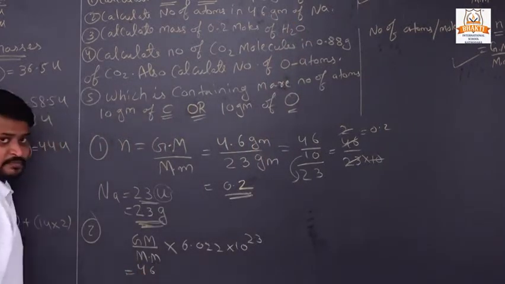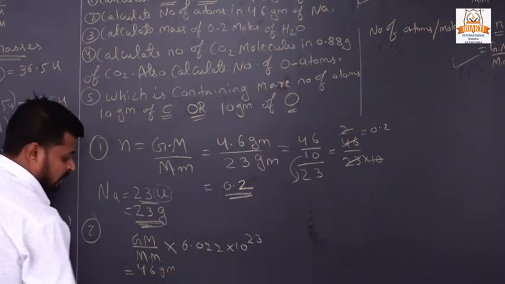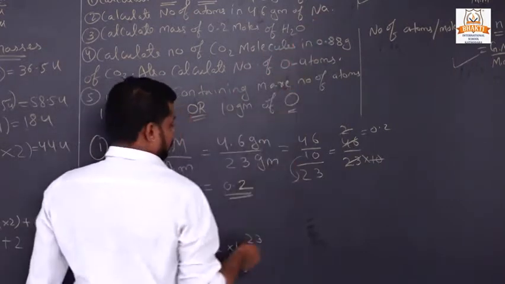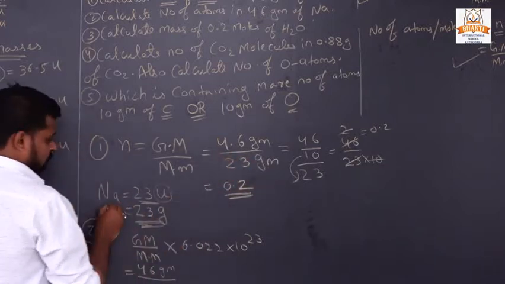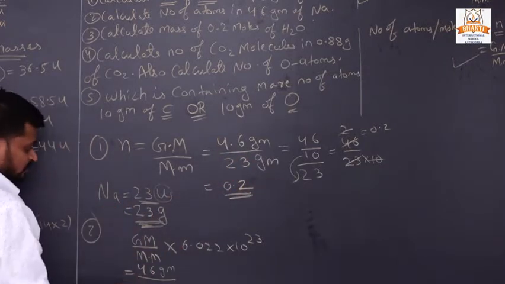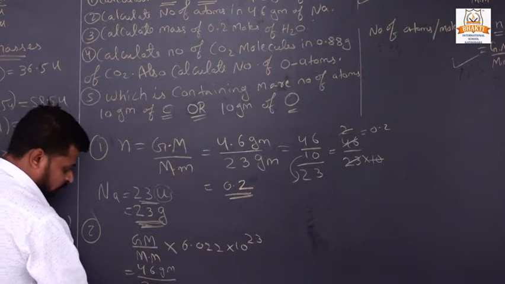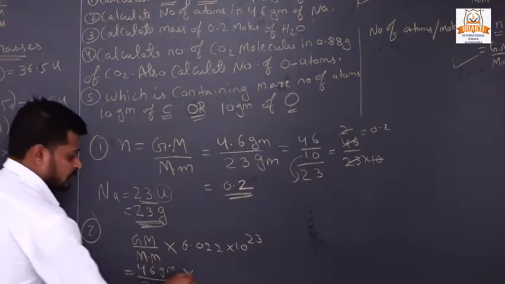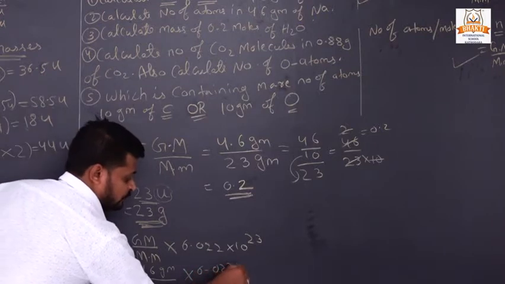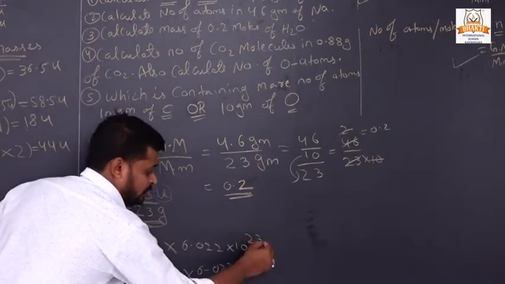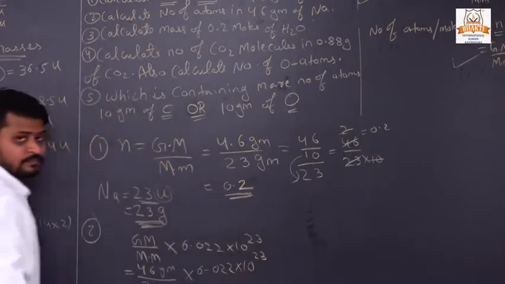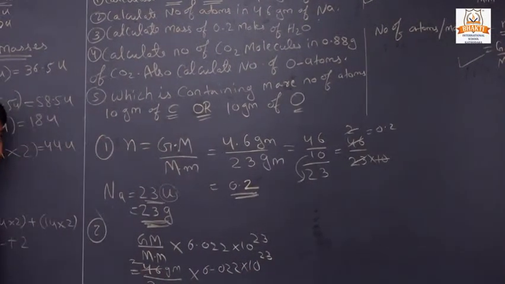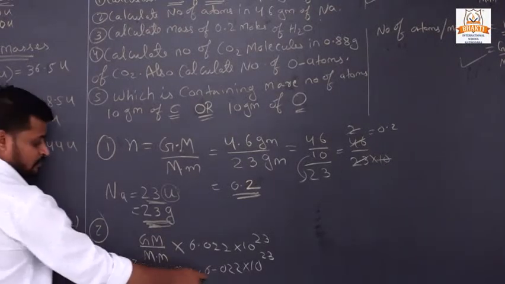So 46 gram upon molar mass of Na, which we found in our first question. What was it? 23 gram into 6.022 into 10 to the power 23. When we divide 46 by 23, the answer is 2. So we will multiply 2 with this.